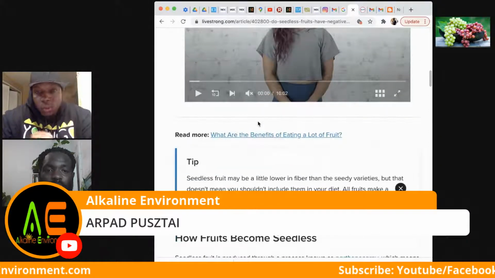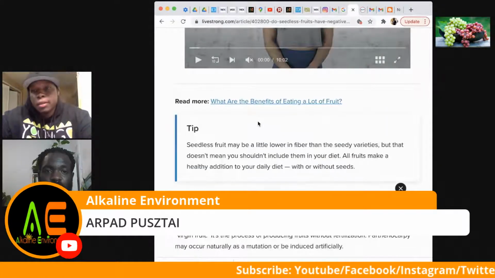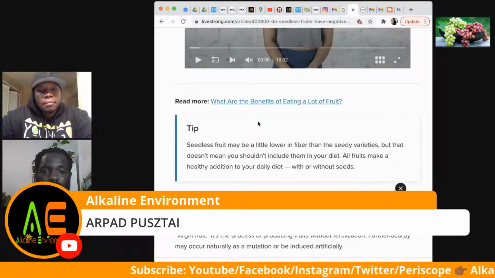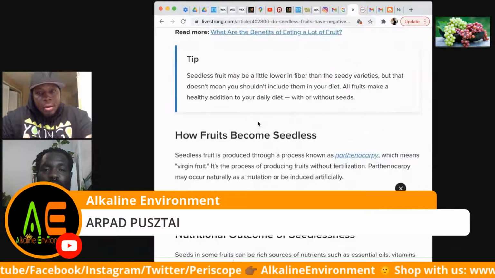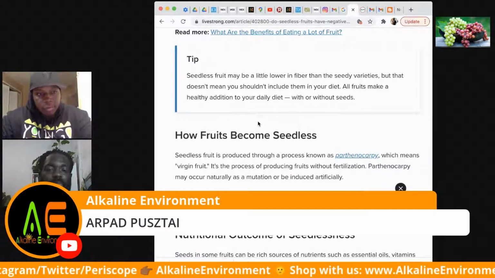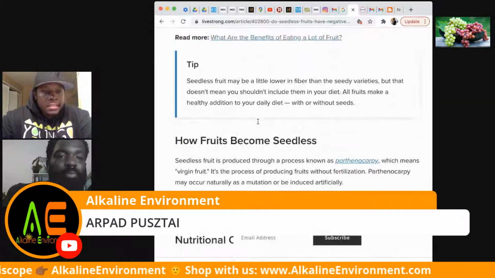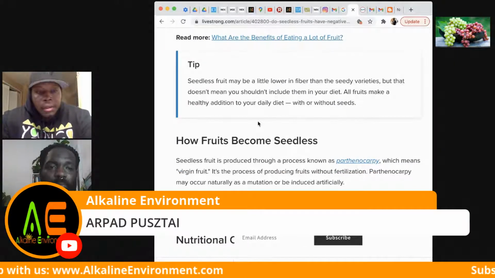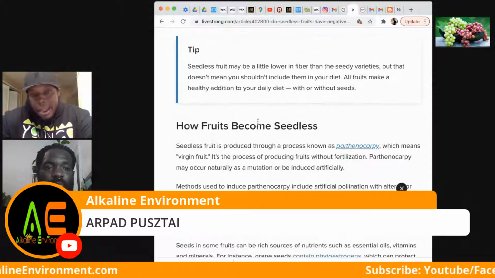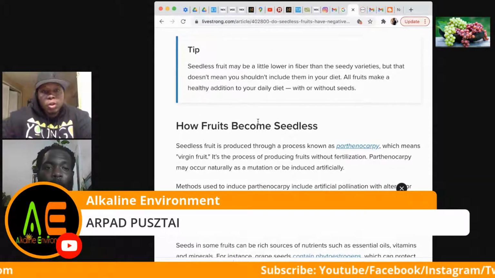I wanted to be totally honest, so I'm not trying to find a biased article. It's actually telling you about the negative side effects of seedless fruits. It says seedless fruit may be lower in fiber, and you pointed that out, than the seedy varieties. But that doesn't mean you shouldn't include them in your diet.